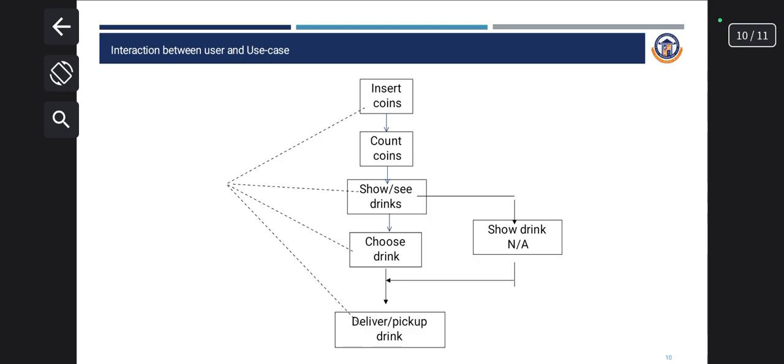The first one is the user sends the request to insert coins. The next one is that it will request to count coins. The count coins will request to list drinks, what drinks are available, something like the availability of the drinks. The next one is the actor sends the individual request to all the major use cases.